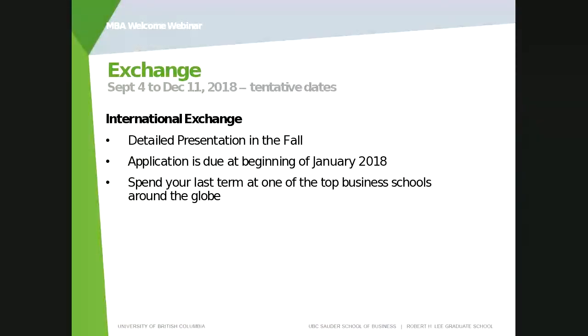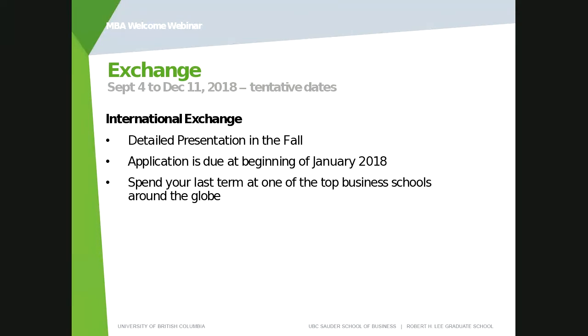So we will have a detailed presentation in the fall for you, but exchange happens in the second year of your program, so the very last 3-4 months of your program. So you will complete your program up until your summer internship or project, and then you will go on exchange. The dates will depend on the exchange school.